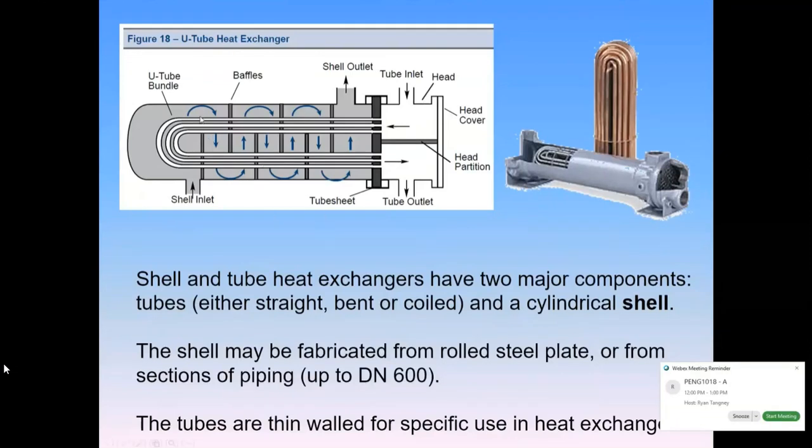We also may have baffles inside. So we want this water as it comes in to be in contact a maximum amount with the tubes that it's trying to exchange heat to. So we may have baffles that direct the flow through. So essentially it makes it more effective with the surface that we have, because we have a lot more passes across those surfaces.